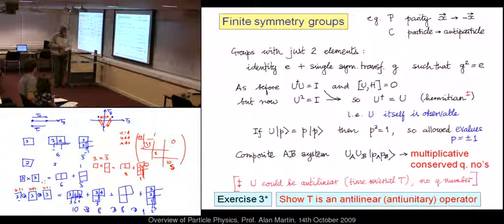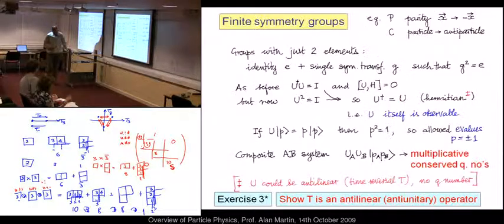So if the eigenvalue of the state is P, whatever the state is, you can see that if you do it twice, P squared is equal to 1, so the allowed eigenvalues are only plus or minus 1. So the parity is either plus or minus. Charge conjugation operators are either plus or minus 1.